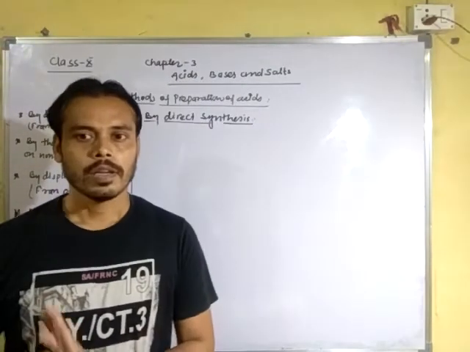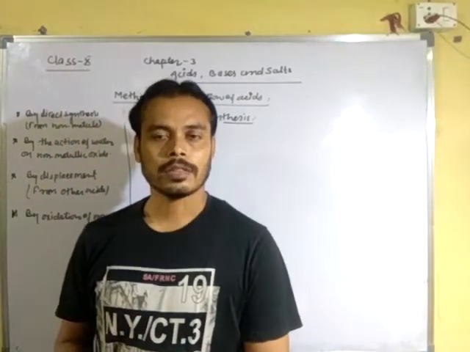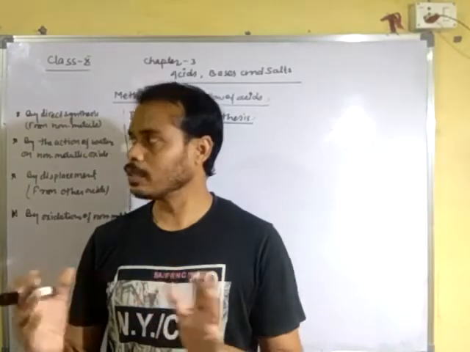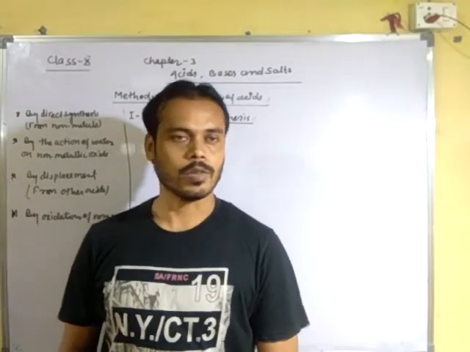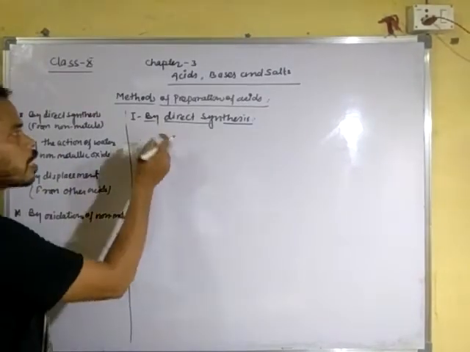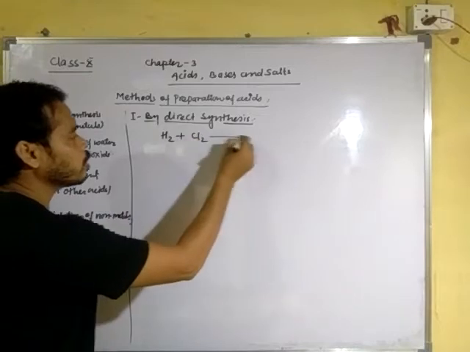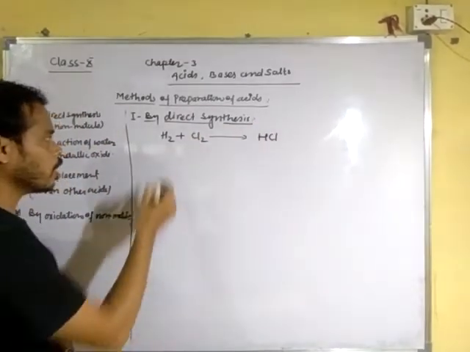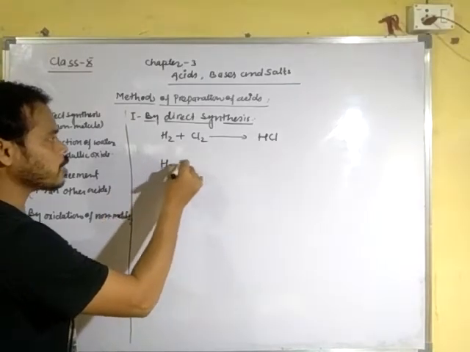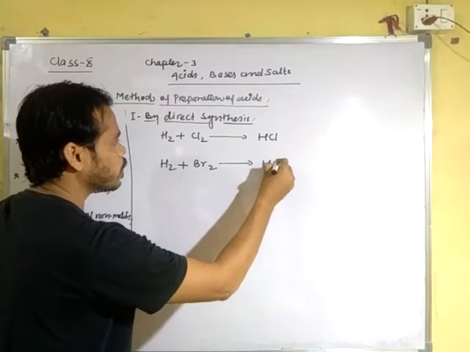Now when hydrogen and chlorine, and hydrogen and bromine react with each other, they form HCl and HBr. When hydrogen is treated with chlorine, it forms HCl. Once again, when hydrogen is treated with bromine, it forms HBr.